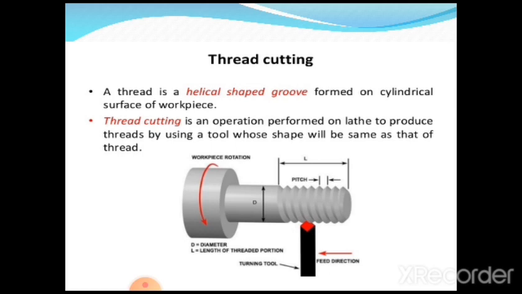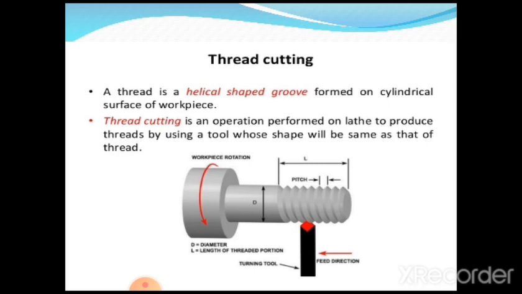This is the most commonly used type, provided on your regular screws and bolts. If you want to design a screw jack, there you will have either square threads or Acme threads.